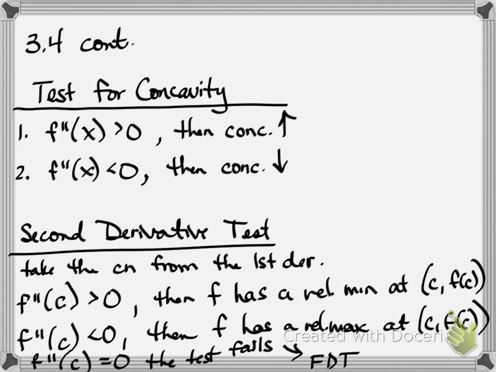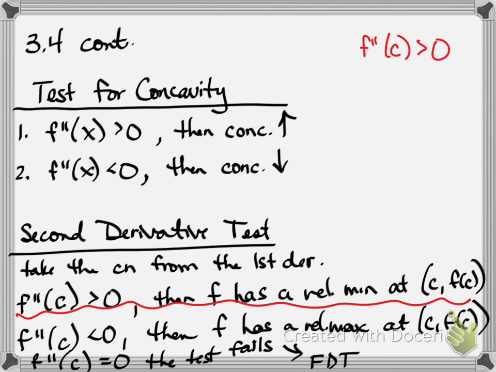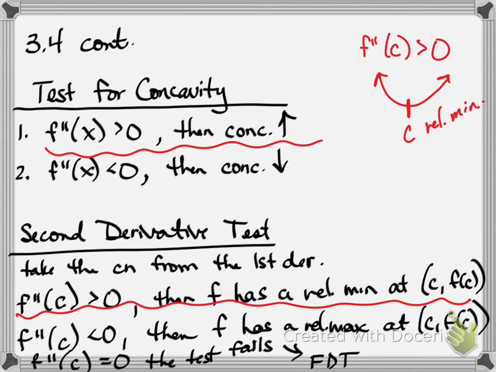Now, at first glance, this might seem like, oh, that doesn't go together. That doesn't make nice sense, because if the second derivative at c is greater than 0, it's positive. But think about what that means with this test for concavity. If it's greater than 0, then it's concave up like a cup. And what happens right there? That's a relative min. So see, it does all go together.